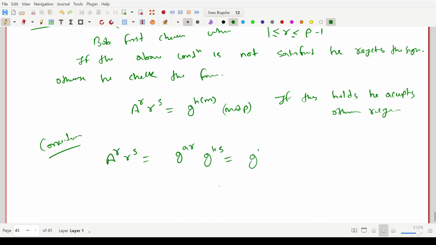So g raised to aR, keep it as it is. G raised to k, and S is k inverse times h(m) minus aR. The k inverse gets cancelled, and g raised to minus aR will get cancelled. You will get g raised to h(m) modulo p. So this correctness is true.